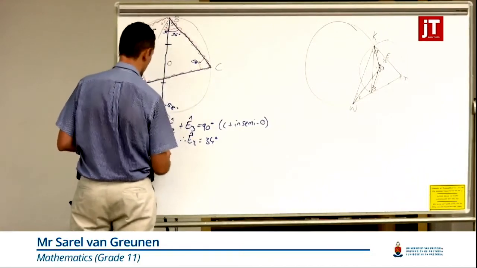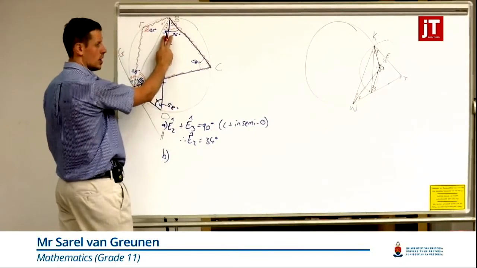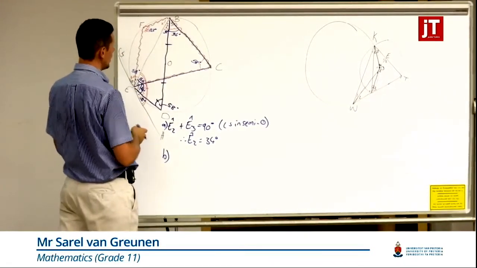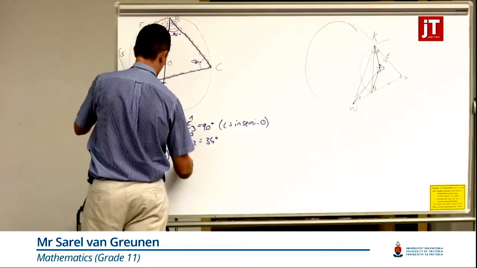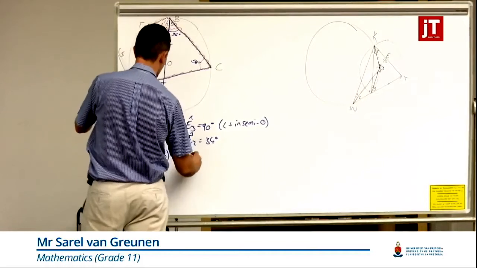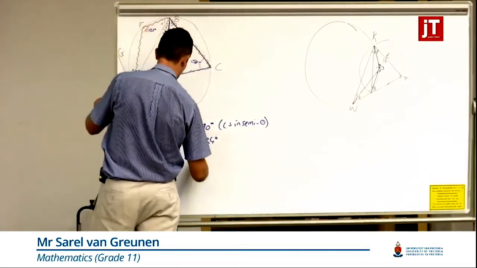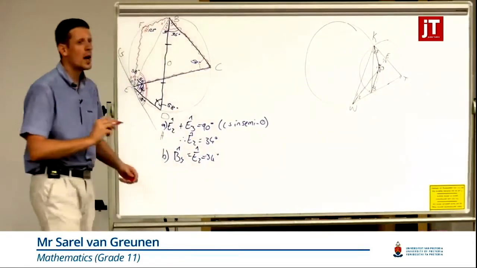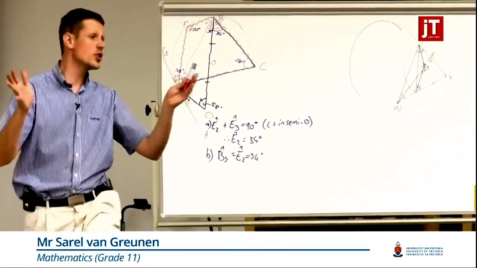The second one is now I'm looking for B2 and B3. Well, I've got a few choices. I'm going to go with B3, because I need something with B3. B3 is the same as E2, which is 34 degrees. Look at the way I write it. I don't just say B3 is 34.